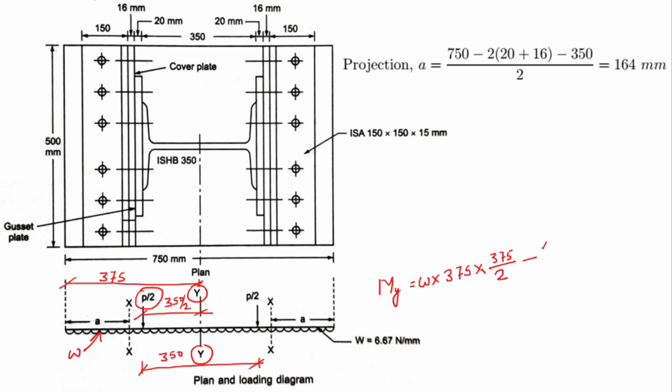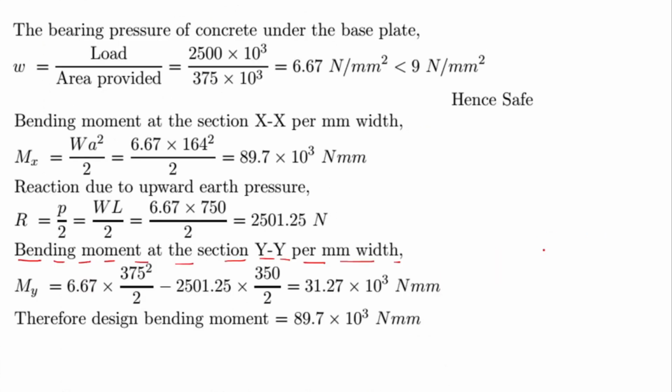So we have to subtract P by 2 into 350 by 2, where P by 2 is the reaction due to the upward earth pressure, 2501.25.